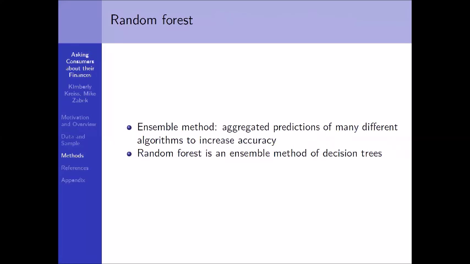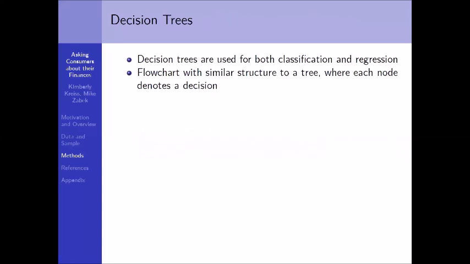So random forest, as I'm sure many people know, is an ensemble method that aggregates predictions of many different algorithms to increase accuracy. Random forest in particular is an ensemble method of decision trees. Decision trees, if you're not familiar with them, you've probably used one at some point in your life.